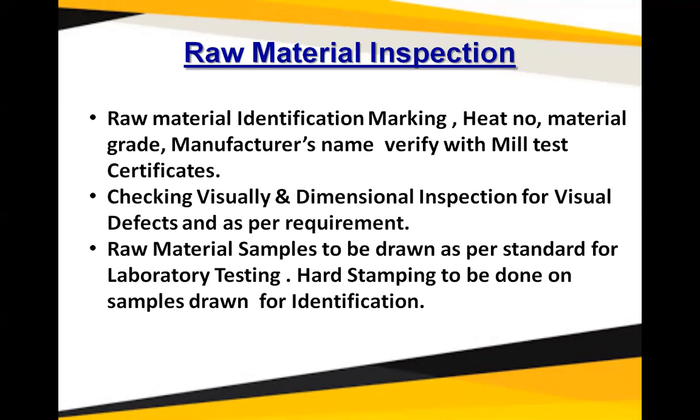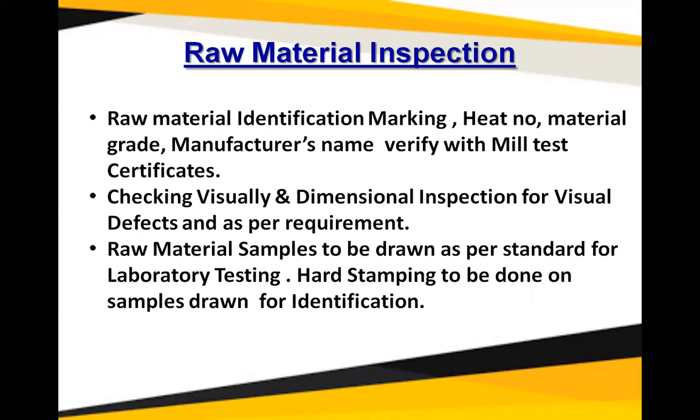With that you have to verify this heat number, material grade, plate number. Any manufacturer's logo is there, that visually you have to see on the raw material, and you have to correlate that heat number with the material test certificate. And that correlation you have to check whether it is satisfactory or not.